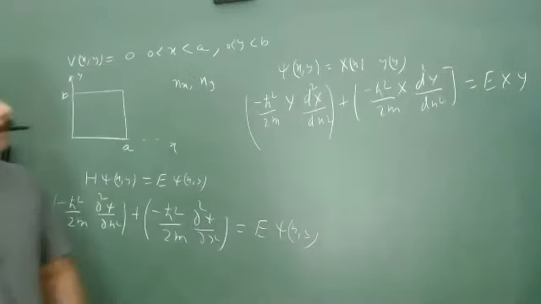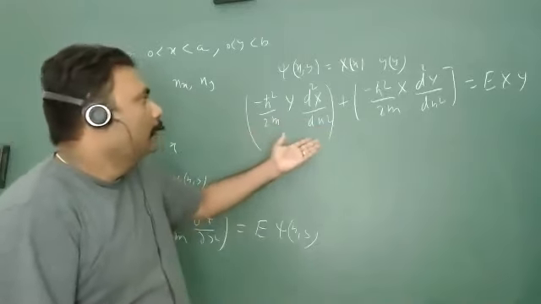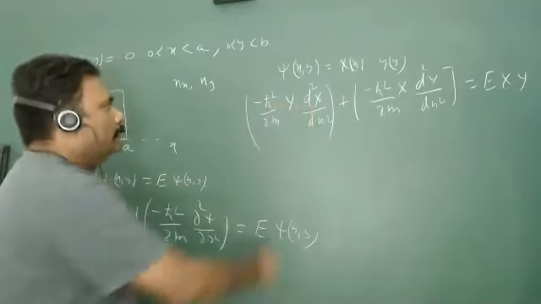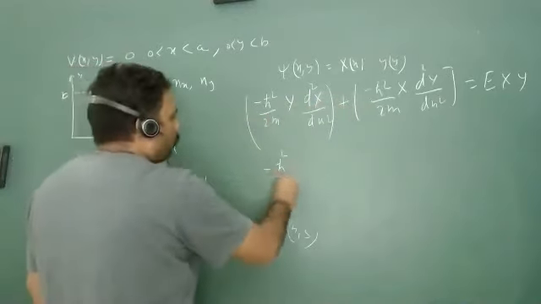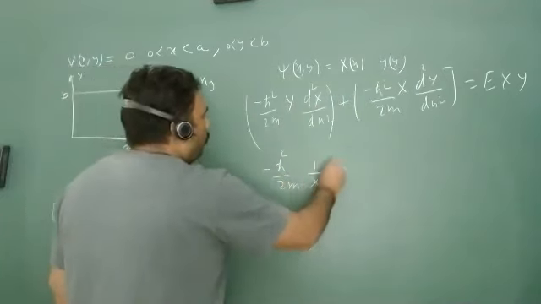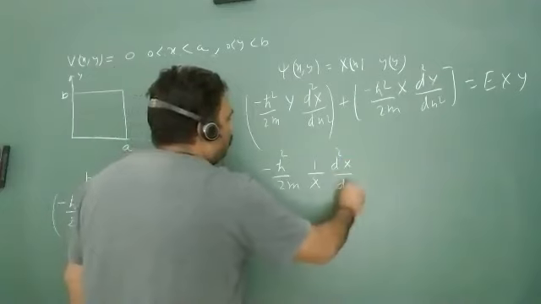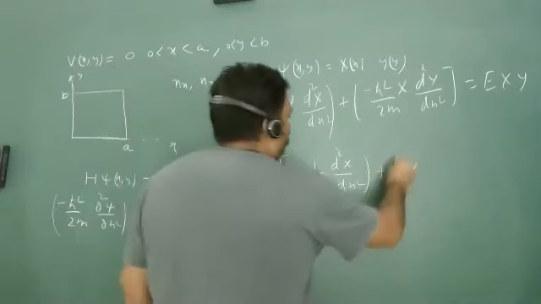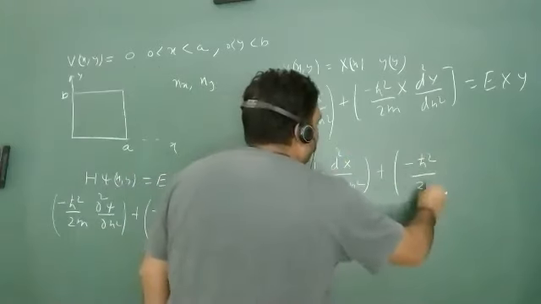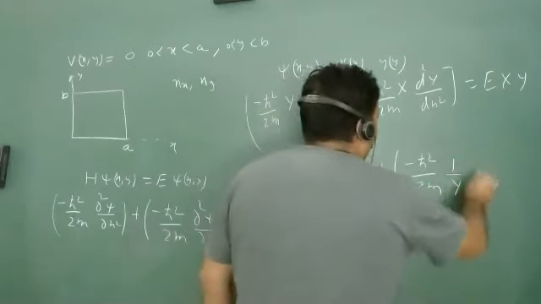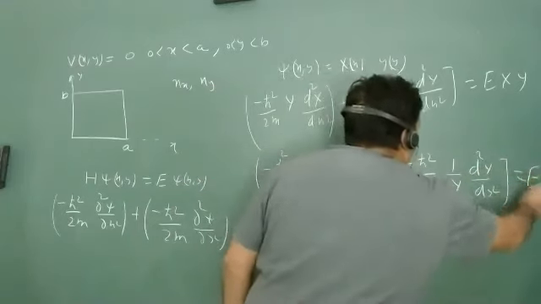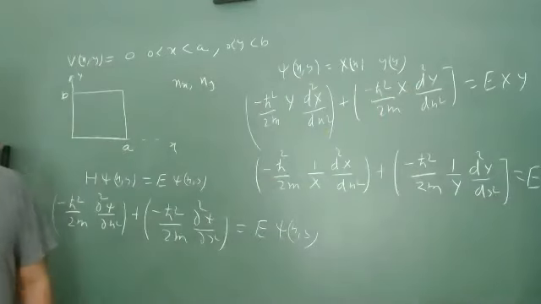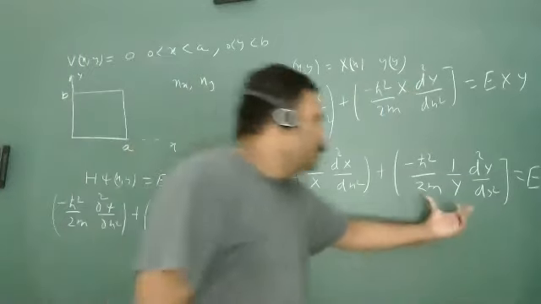What we will do is divide by XY on both sides such that we can have only a function of x here. So this will be −ħ²/2m (1/X) d²X/dx² plus −ħ²/2m (1/Y) d²Y/dy² is equal to some value E. Now this is only a function of x.